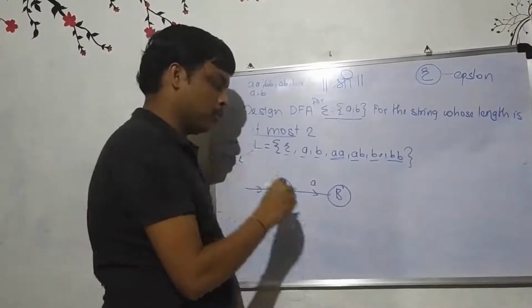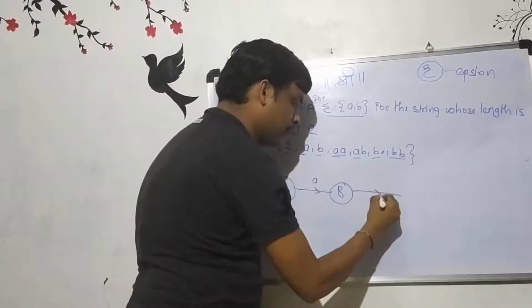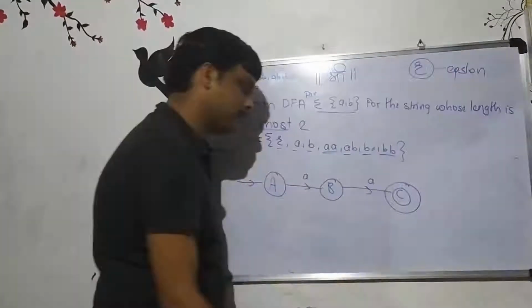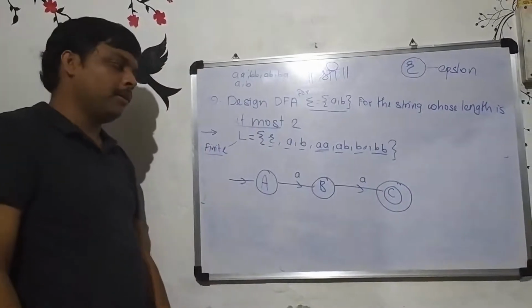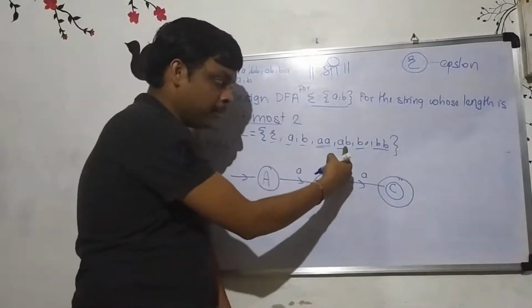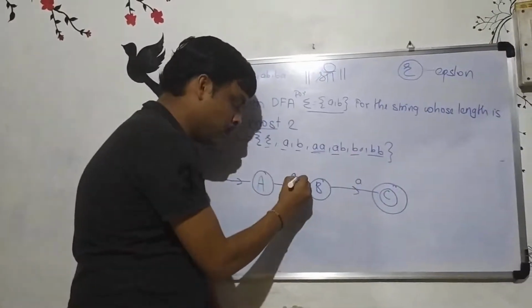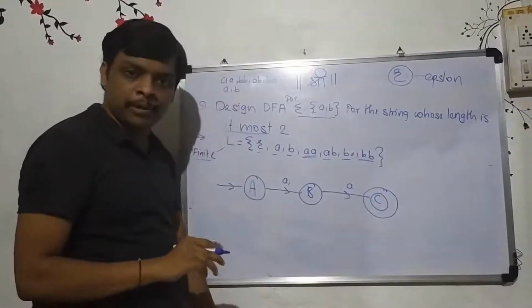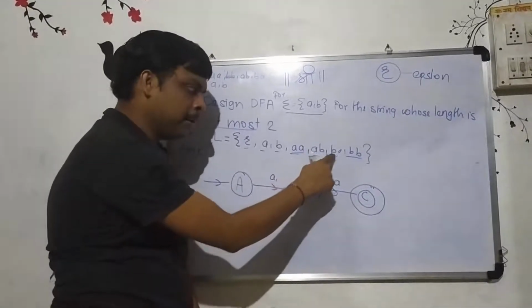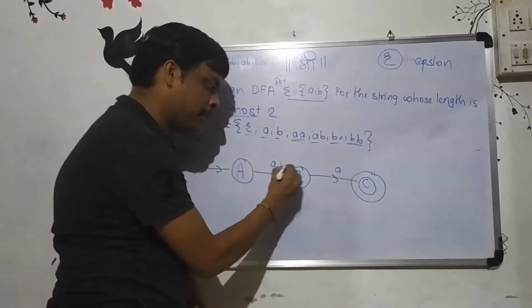So B, and then here A we have to accept. So this is accepting. Not only AA but AB, BA, BB also we have to consider. Since the last 2 examples we are dealing with the same concept here. So if you want to accept AB, BA and BB, then here A comma B you have to write.